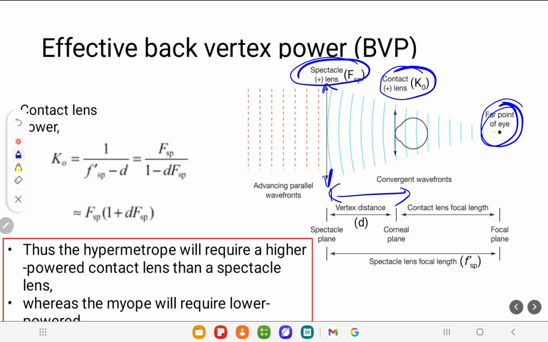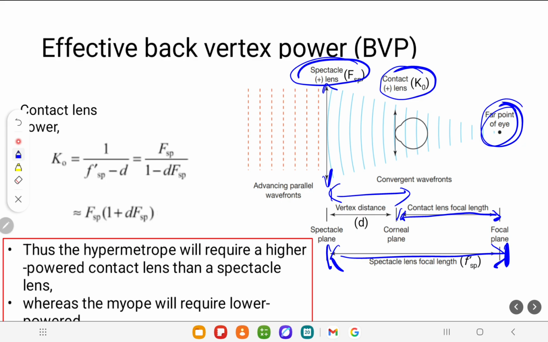So the basic thing is, whenever you try to focus with a spectacle, the distance is this, the larger distance, isn't it? From spectacle to the far point of an eye. Yes, in case of hyperopia, the far point is behind the eye. And whenever you try to correct with contact lens, the distance is actually shorter in case of plus, and exactly opposite in case of minus.